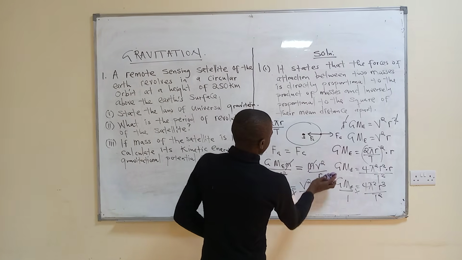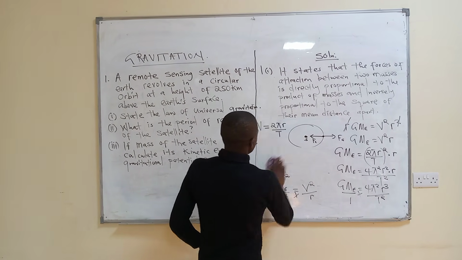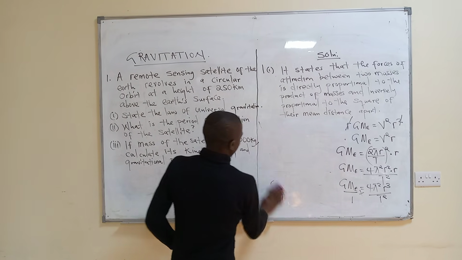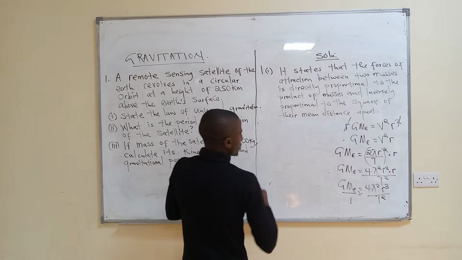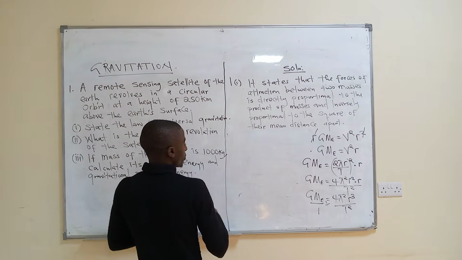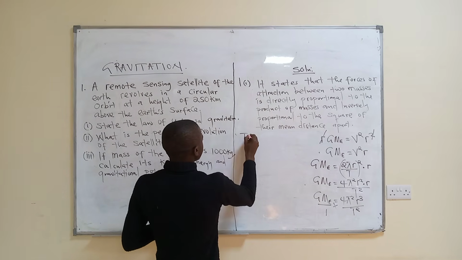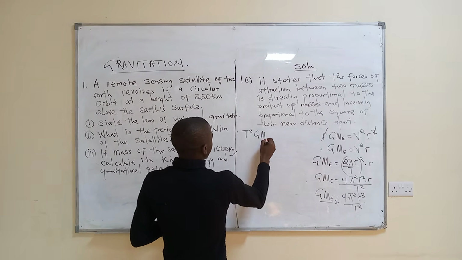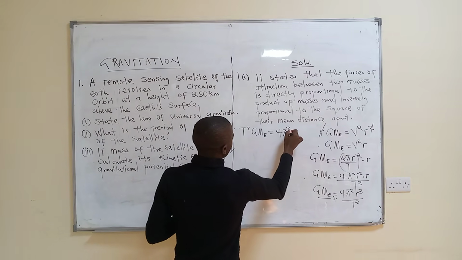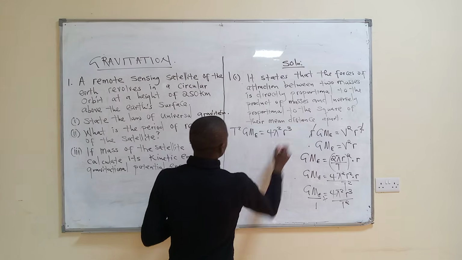You obtain T squared G Me equals 4 pi squared r cubed.